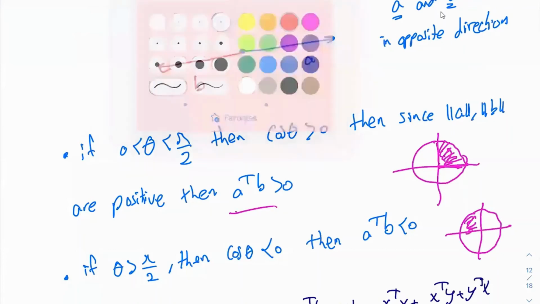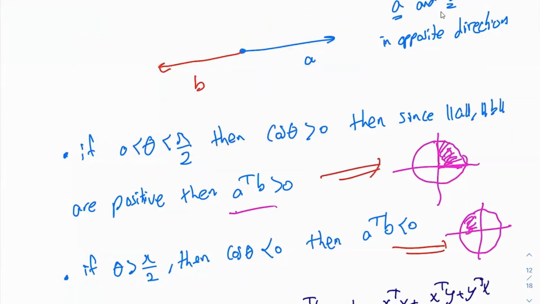So this is for this case, and this is for this case. Then if theta is greater than pi over 2, cosine of theta is negative, which means that A transpose B is less than 0. Okay? So that's the evaluation of the angle for A transpose B, the dot product of the two vectors in terms of the norm as well. Okay, great.